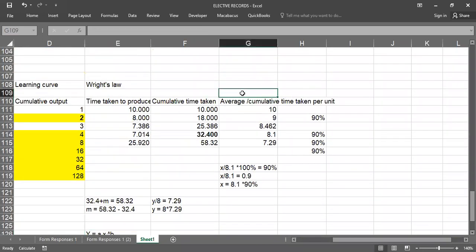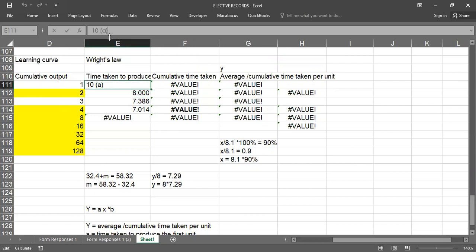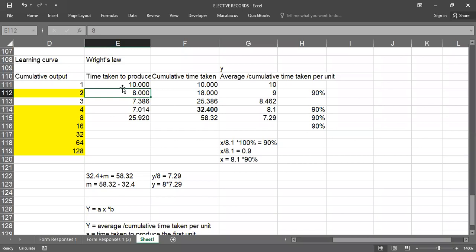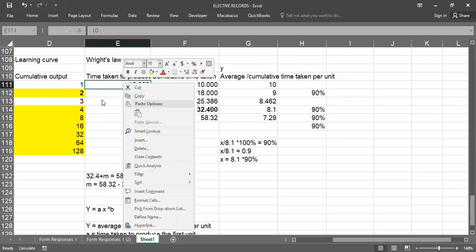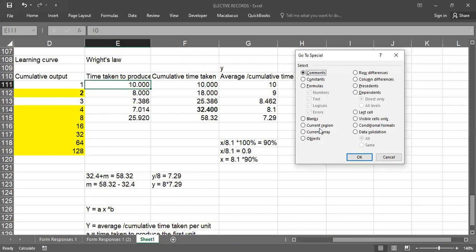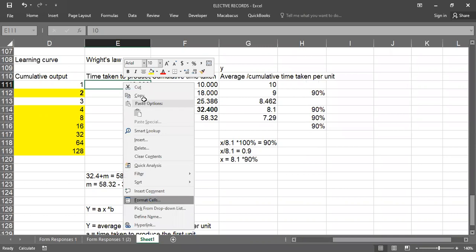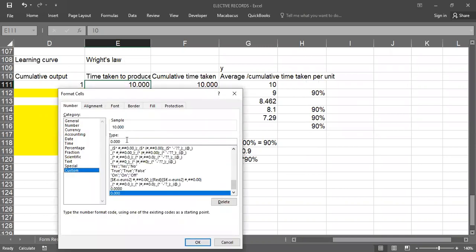Whenever you're finding a value here, you're finding Y. Then a is usually this one here, this 10,000 here is the a.